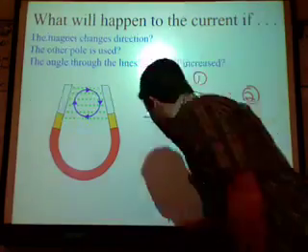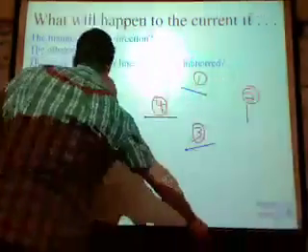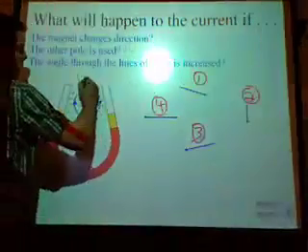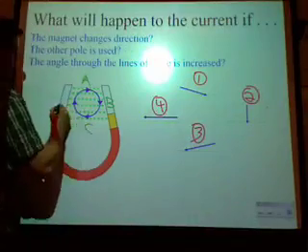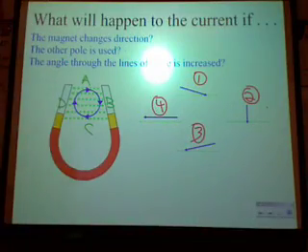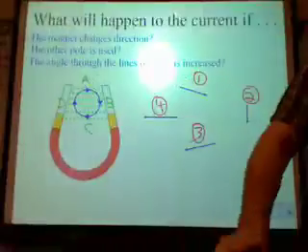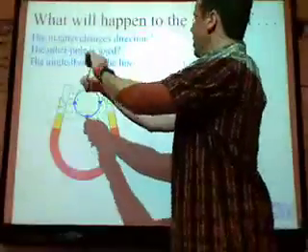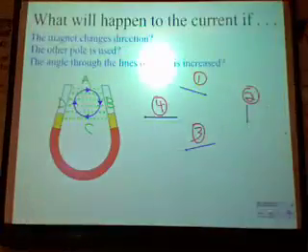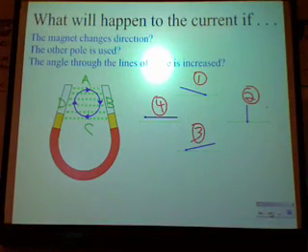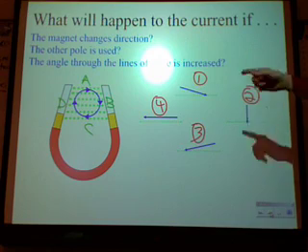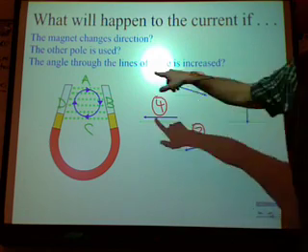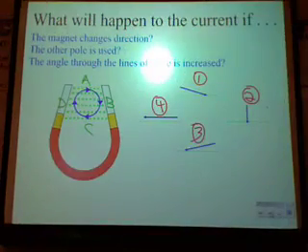Now, if I were to come over here, and I'll just label these A, B, C, D, which of those positions will this coil be in when we are generating the most current? Which of these match the most current over there?